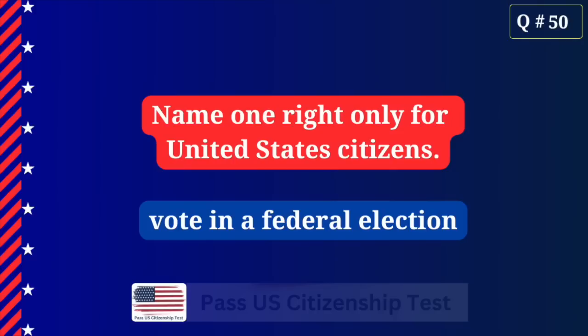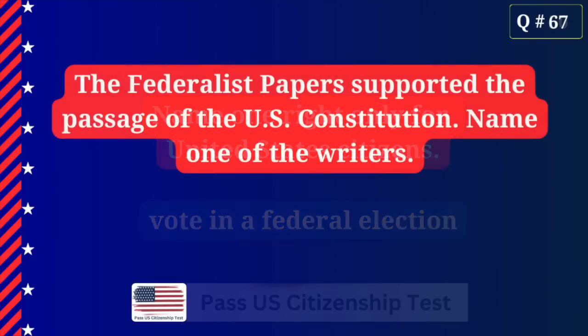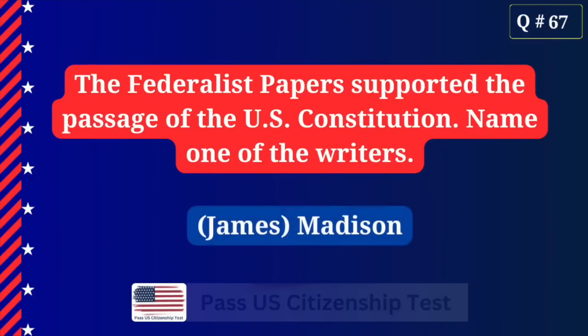Vote in a federal election. The Federalist Papers supported the passage of the U.S. Constitution. Name one of the writers. James Madison.